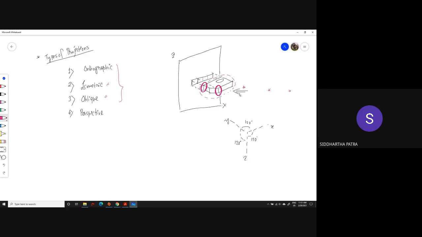For example, this can be referred to as the front view. And if I place another plane which is perpendicular to the first one, and look at it from the top, then I can obtain the top view, which would look something like this.